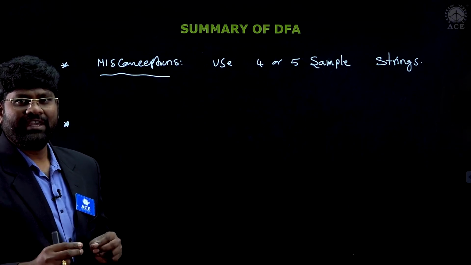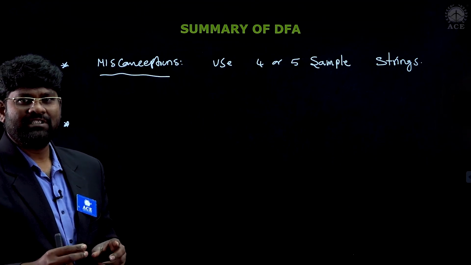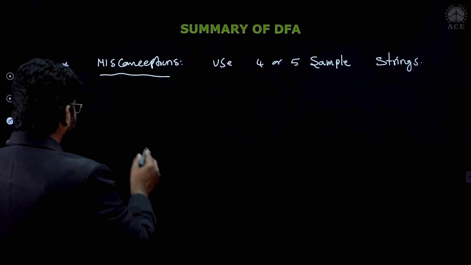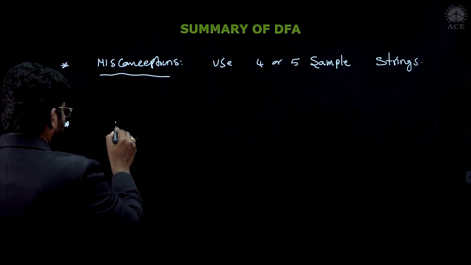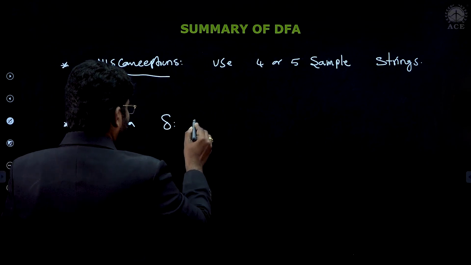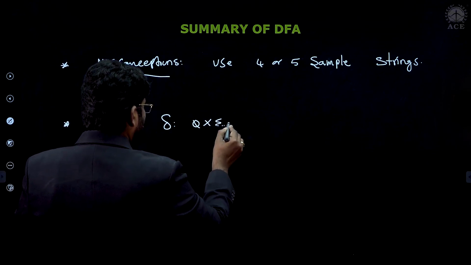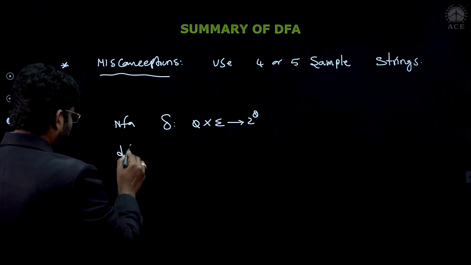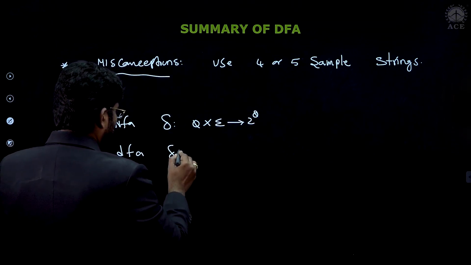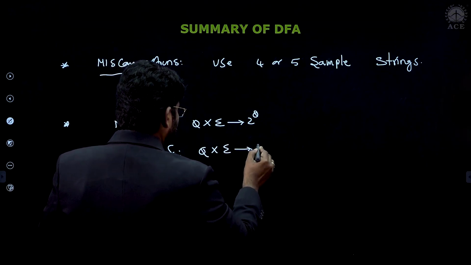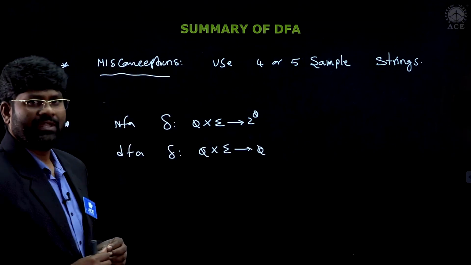DFA and NFA have many similarities. The only difference is in terms of delta. In case of NFA, delta is Q cross sigma gives 2 power Q, whereas in case of DFA, delta is Q cross sigma gives exactly Q. That's the difference.